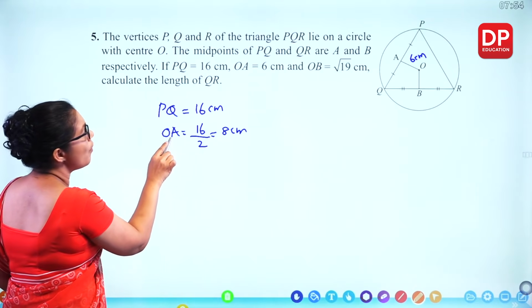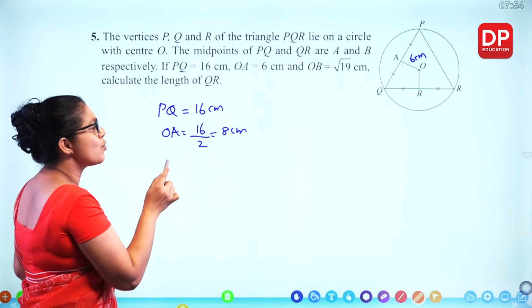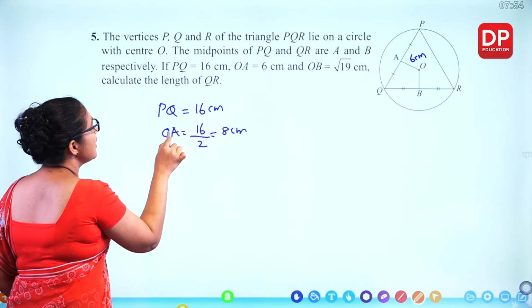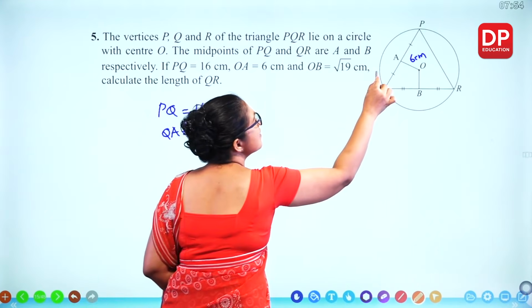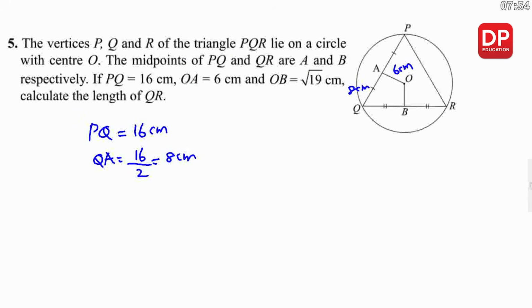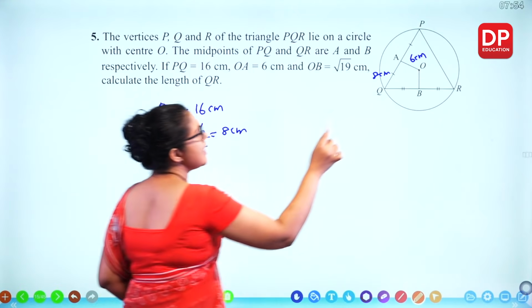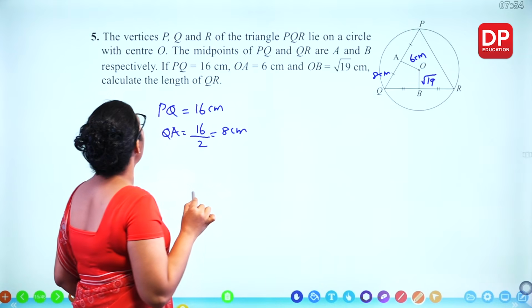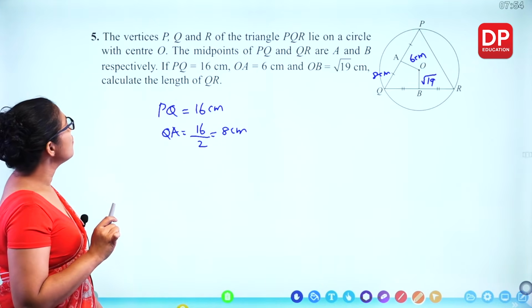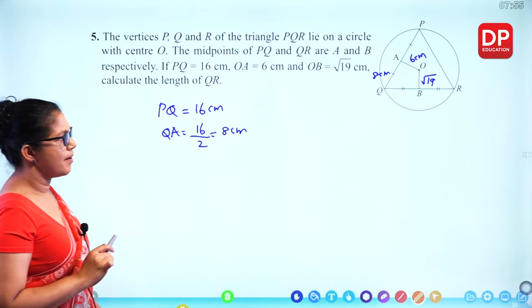Midpoint of PQ is A. So QA is 8 centimeters. And again it's given OB is square root 19. This is square root of 19. And you are asked to find out the length of QR.